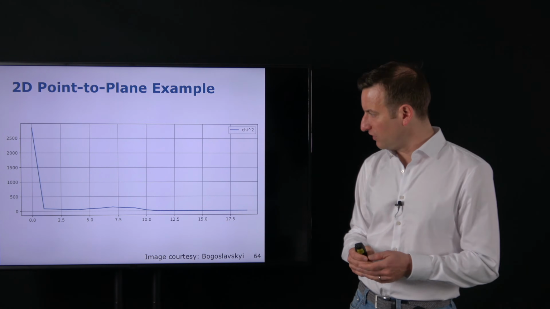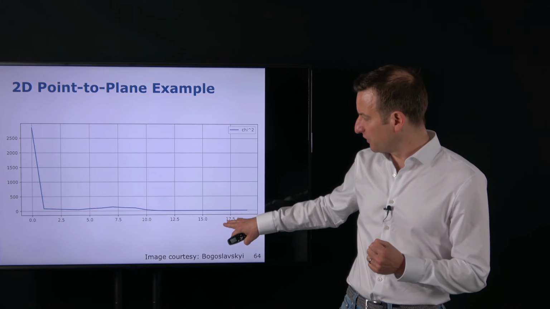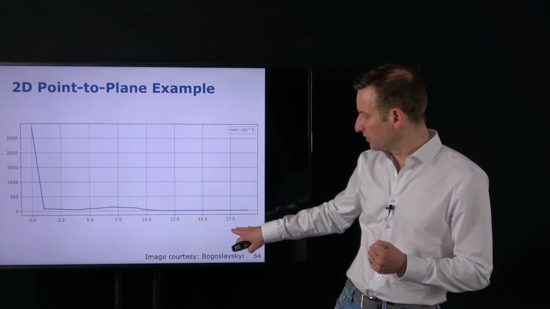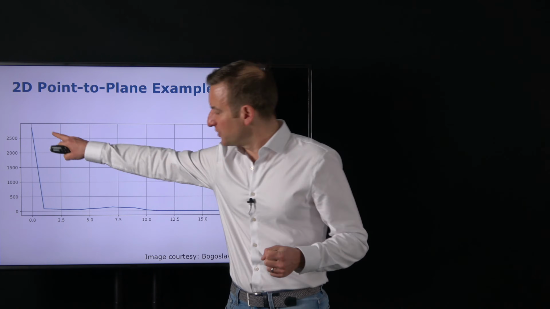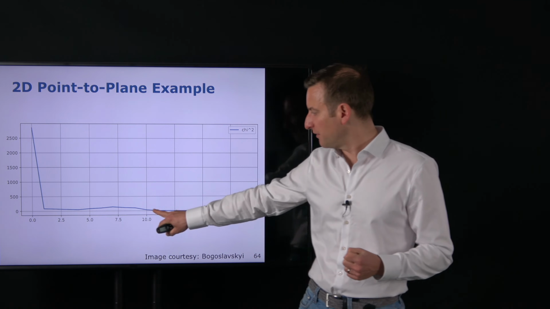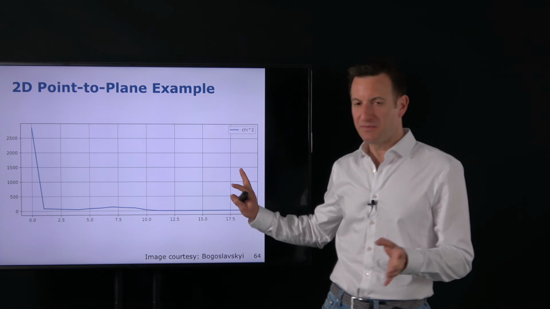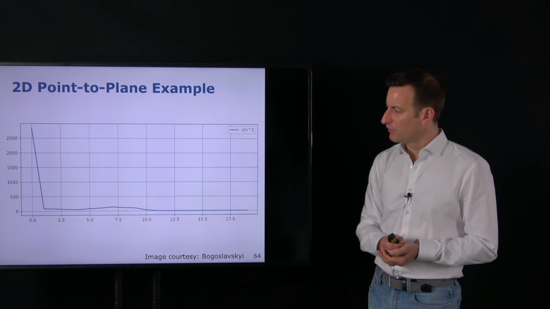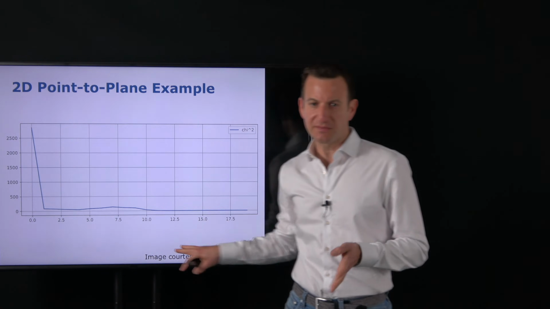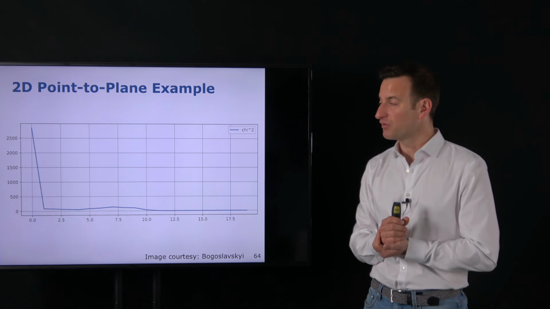What we can see here, and you have to be a bit careful with this plot because the scale is a little bit different compared to the plot we have seen before, is that generally the error drops faster to a low value. So in this example, after about 10 or 11 iterations we converged, whereas before I think it had been 16. But again, the scale of the axis is a little bit different, so you can't compare those plots immediately, or you have to take care if you compare them.